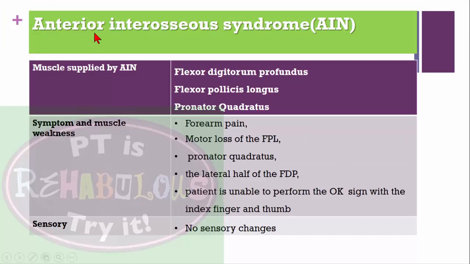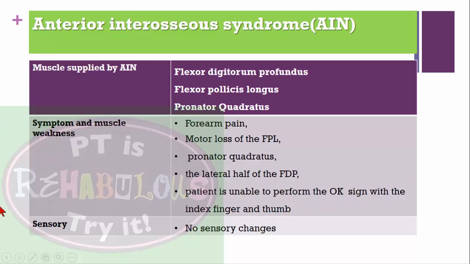Let's learn anterior interosseous nerve syndrome. Muscles supplied by the anterior interosseous nerve are flexor digitorum profundus, flexor pollicis longus, and pronator quadratus. Signs and symptoms: forearm pain, motor loss of flexor pollicis longus, pronator quadratus, and lateral half of flexor digitorum profundus. Patient is unable to perform the OK sign with index and thumb.